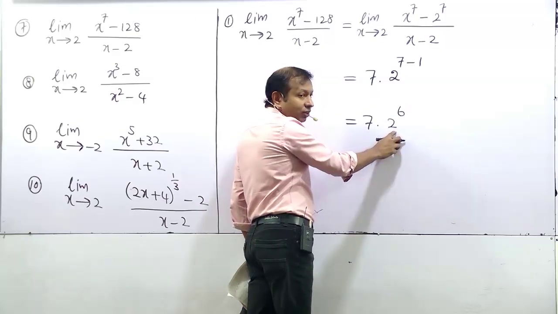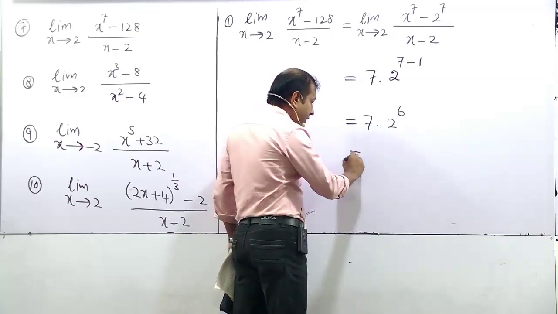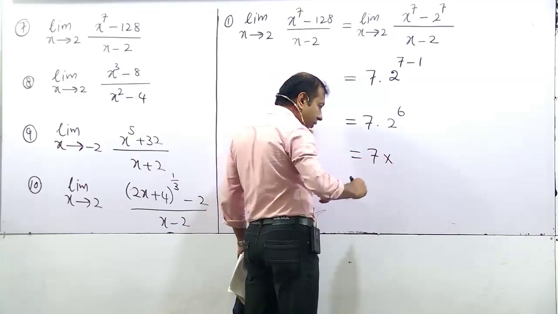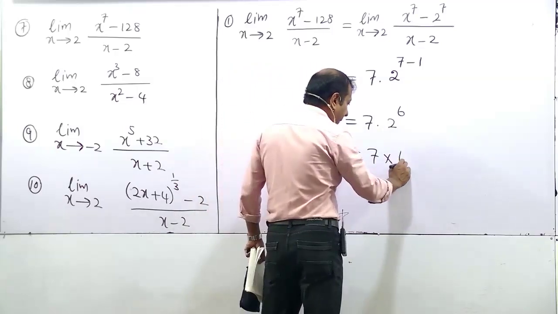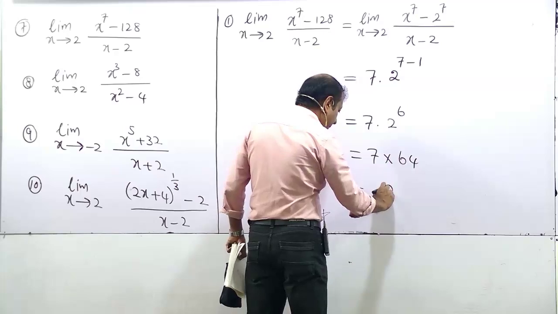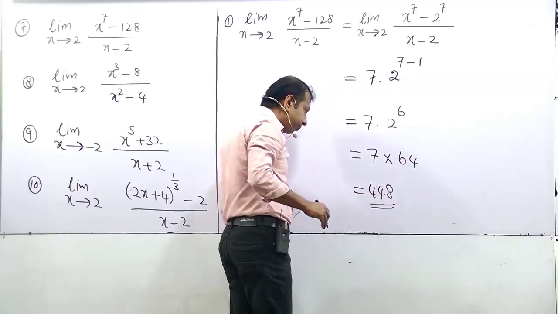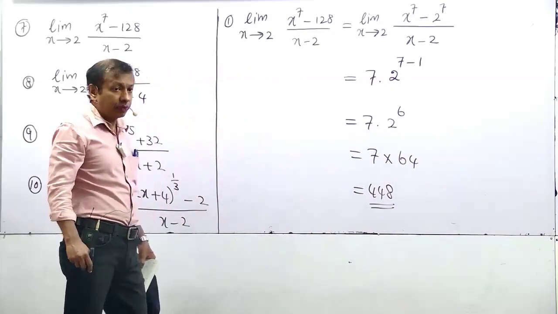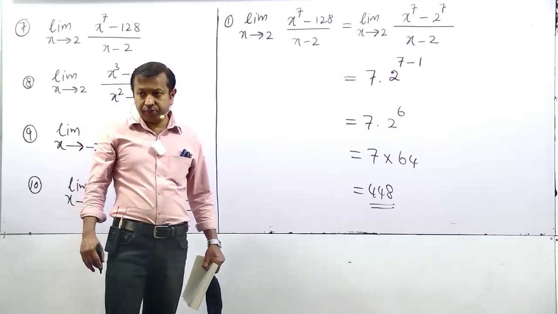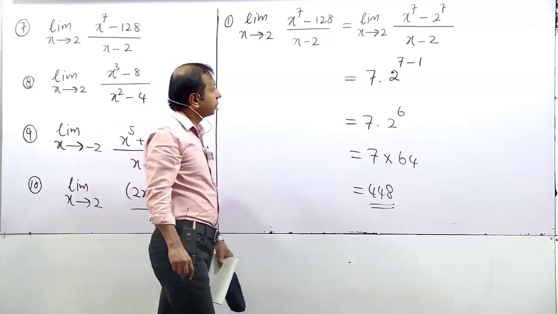No. First find 2 to the power 6 and multiply that by 7. 7 multiplied by 2 to the power 6, which is 64, is 448, no? Right.